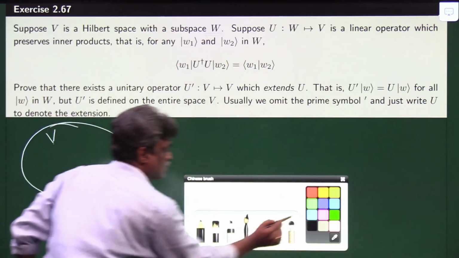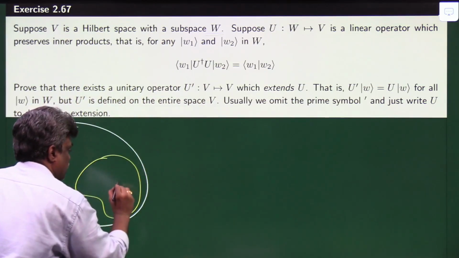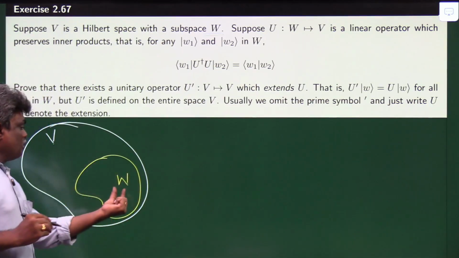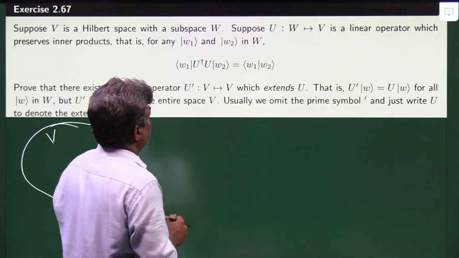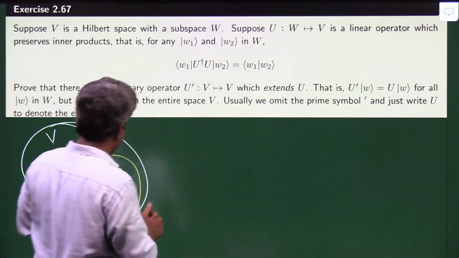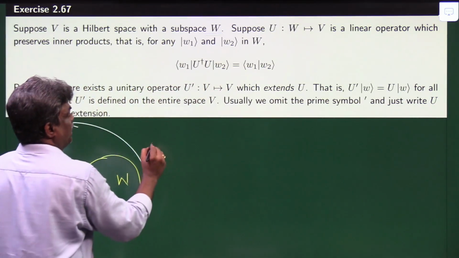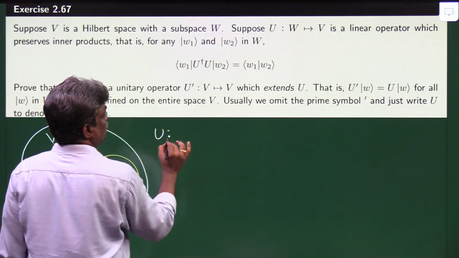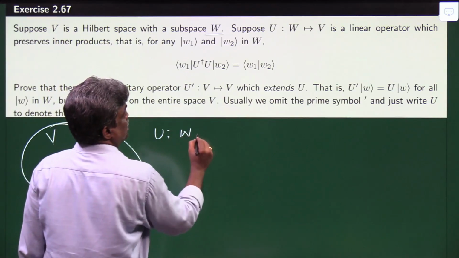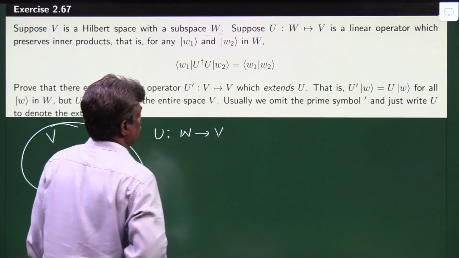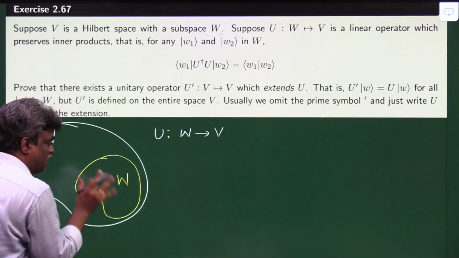So let us suppose this is the W. So W is the subspace of this Hilbert space. And whenever you have defined this subspace W, here they are defining an operator U in this subspace W, which transforms W to V. So that means we have to define some basis.